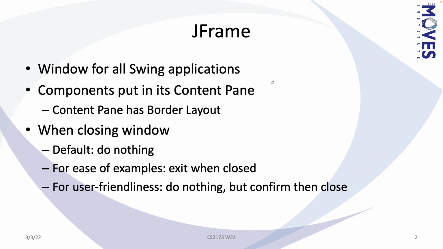There are all kinds of fancy stuff you can do with it, but what we're going to focus in on is a piece of it called the content pane. We're not going to actually explore anything else in JFrame besides that. The content pane is where all of our widgets are going to go.